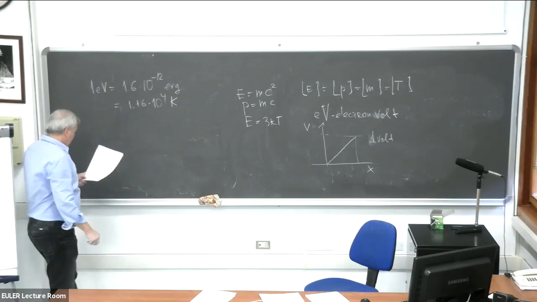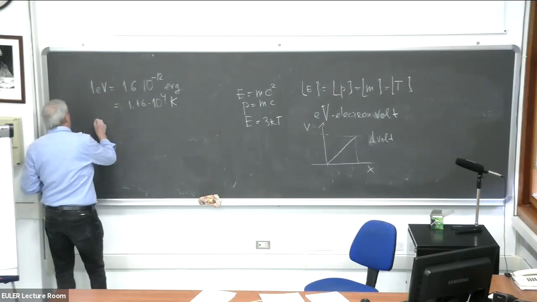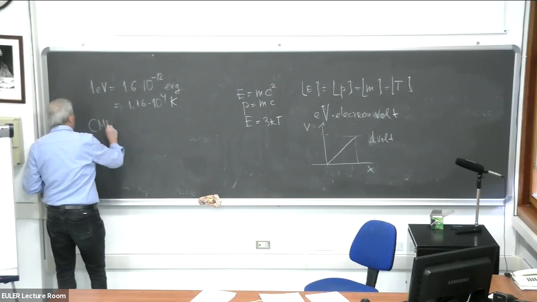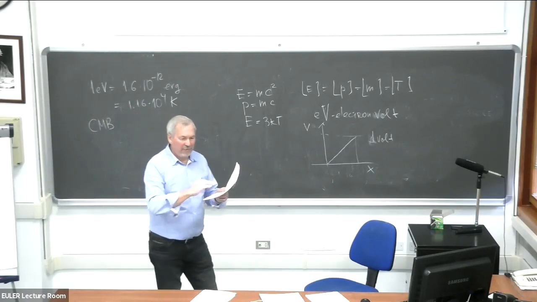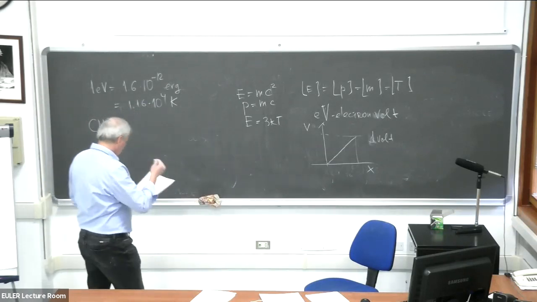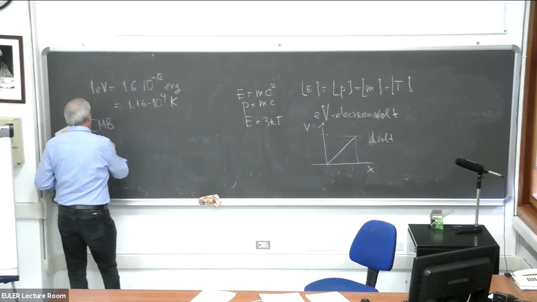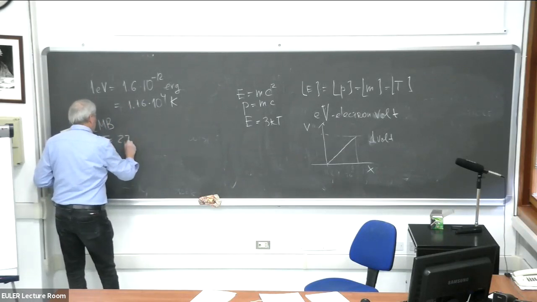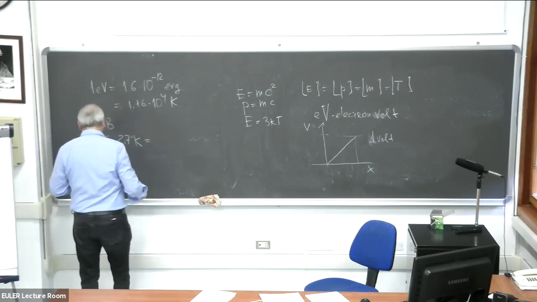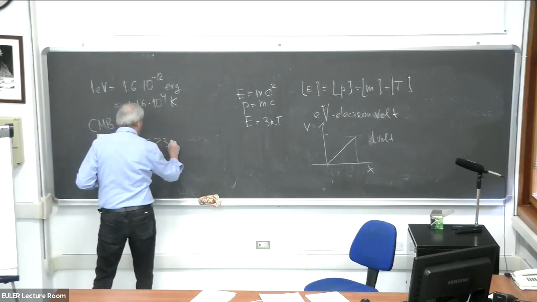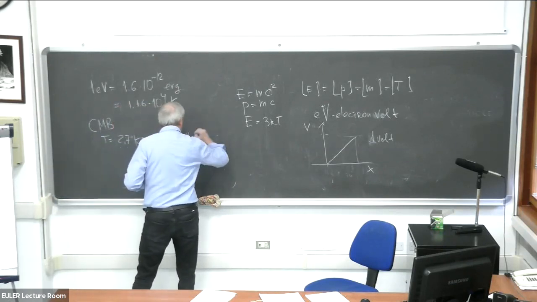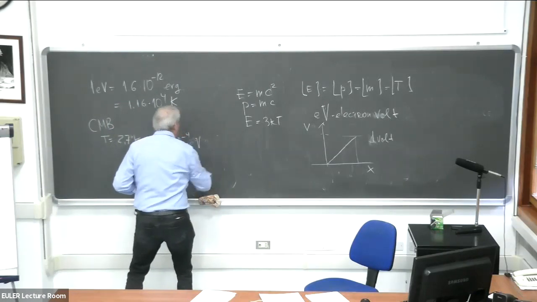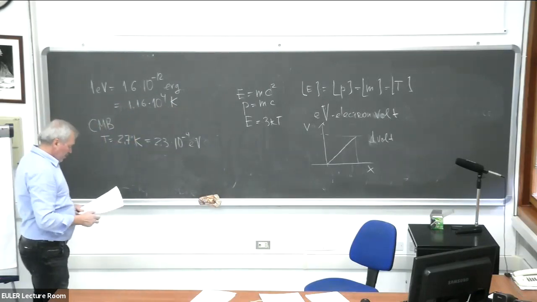So, for instance, the cosmic microwave background radiation, the electromagnetic radiation which fills all the universe, more or less isotropically, has temperature 2.7 Kelvin, and this equals 2.3 times 10 to the minus 4 electron volts. These numbers will be useful for you for solving the problems.